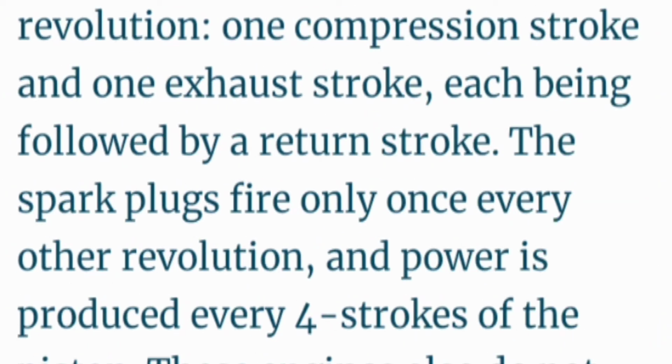Four-stroke: in a four-stroke engine, the piston completes two strokes during each revolution, one compression stroke and one exhaust stroke, being followed by a return stroke. The spark plug fires only on every other revolution, and power is produced every four strokes of the piston. This engine also does not require mixing of fuel and oil as it has a separate compartment for the oil.